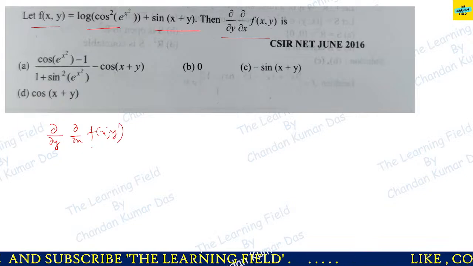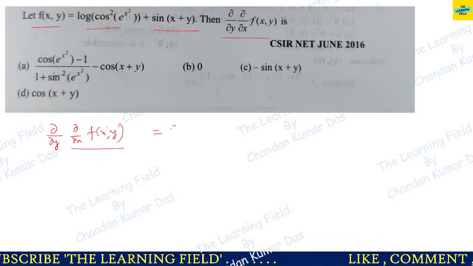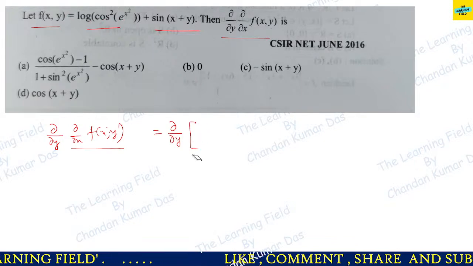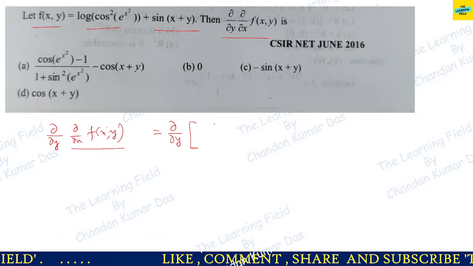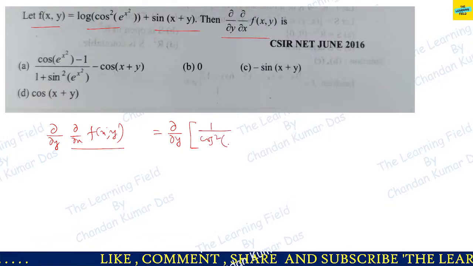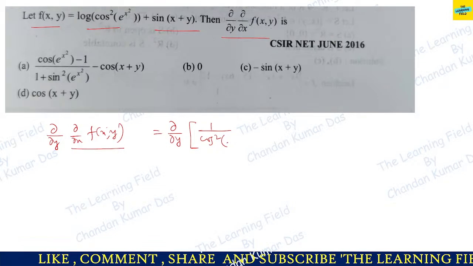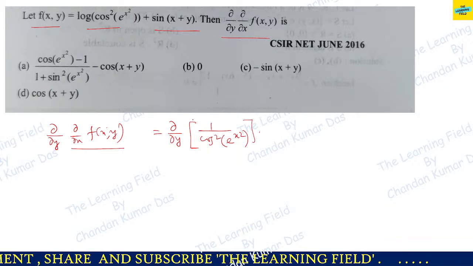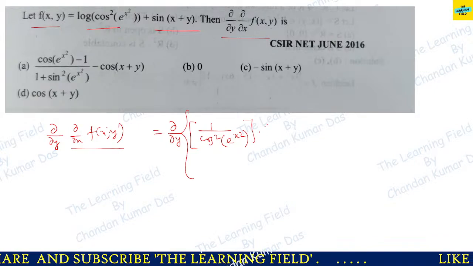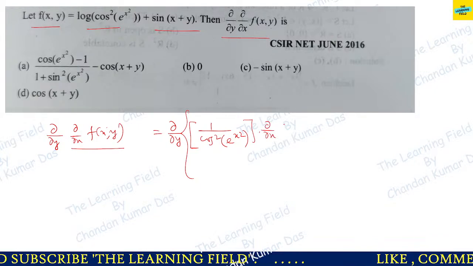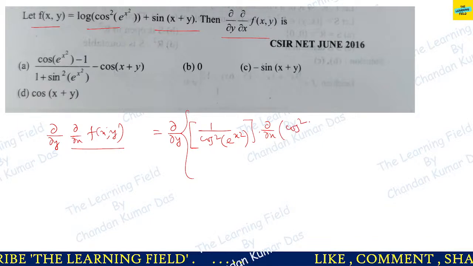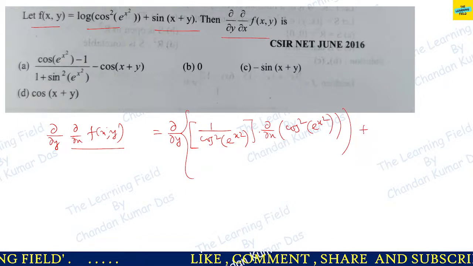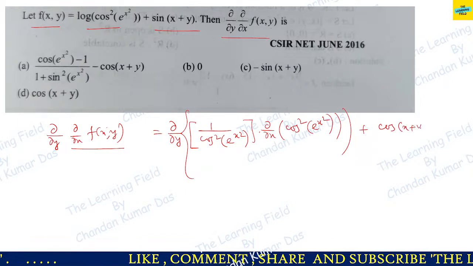So the first perform will be del y of del x of this function, that means log of cos square, so this means 1 by cos square of exponential x square into ये तो बाहर में होगा del x of क्या होगा cos square exponential x square, okay, and plus cos of x plus y, okay.